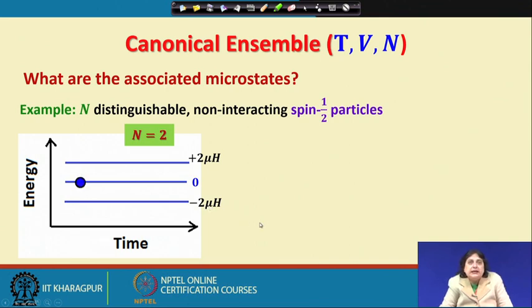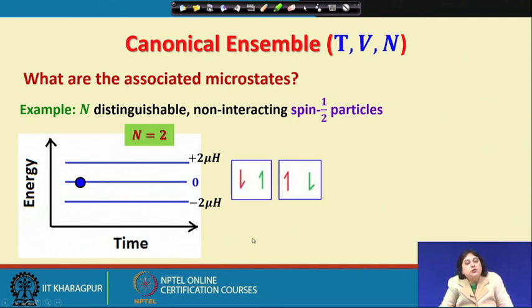Now, let us say that I start with one microscopic state of the system with this energy 0. Now, for this 0 energy, what are the associated microstates? By now, you must be able to show very easily that these are the two possible microscopic states when the total energy of the system is equal to 0 in this scale.